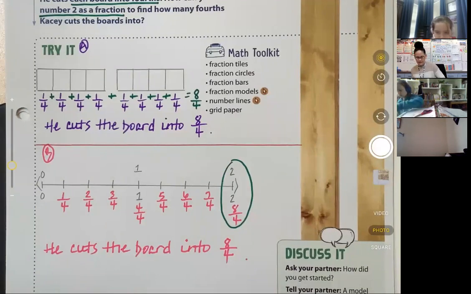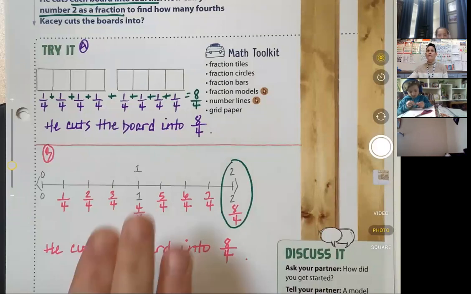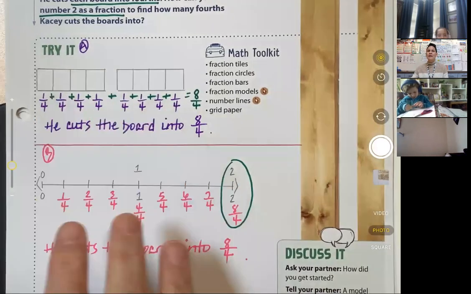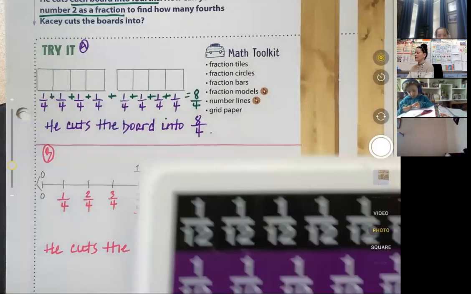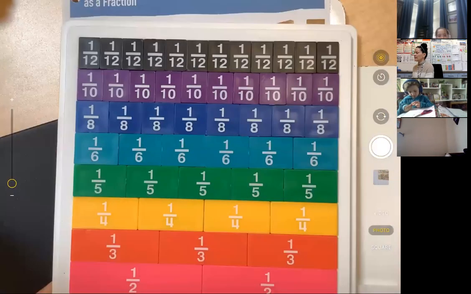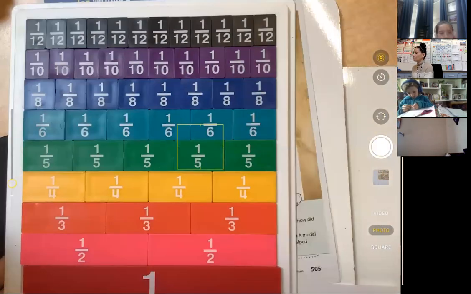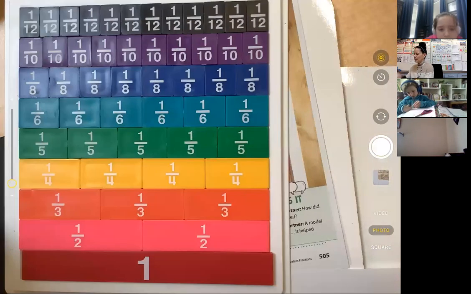All right, friends, now what I would like to show you are, again, my fraction tiles. I want to give you another way to look at and conceptualize what we just did with these area models and this number line. So let us take another look at my fraction tiles. And this is something that I would like you to consider.